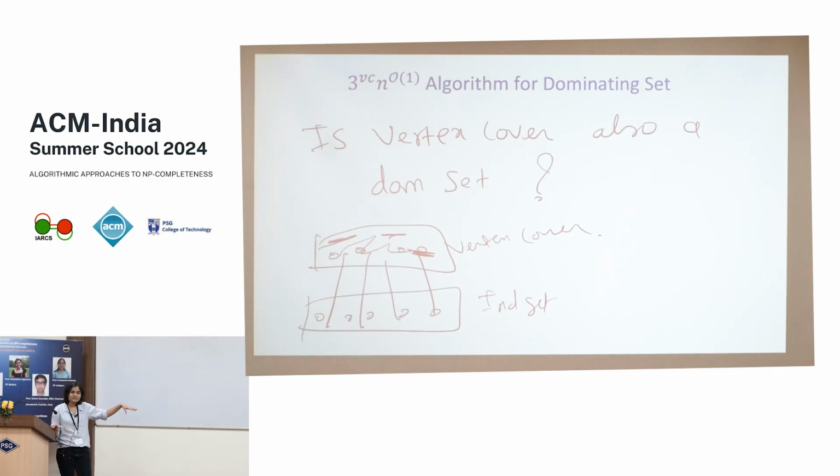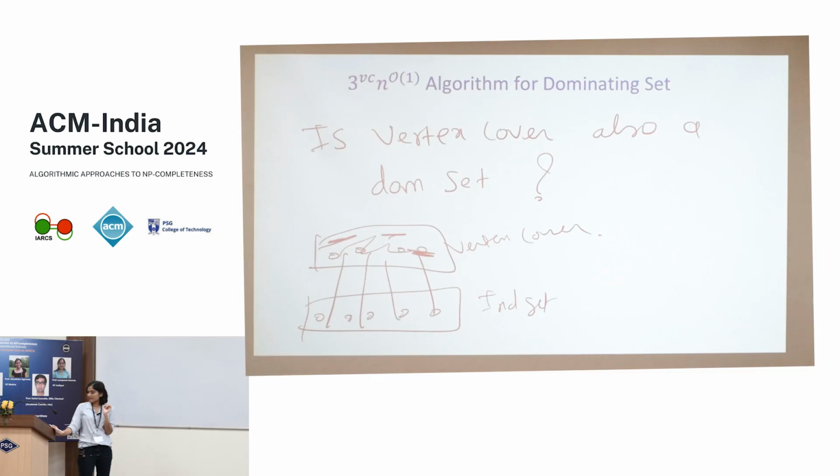So that will be part of the independent set, right? Okay, yeah. You are talking about the dominating set. Yes. So can we say a vertex cover is also a dominating set? SG mentioned if there is an isolated vertex, then we can't say it.